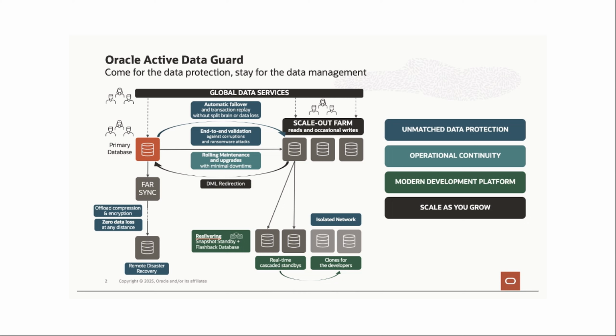Also, major upgrades of a database generally require a long downtime, and not many organizations nowadays can afford it. ADG allows you to make use of rolling upgrades, meaning that you can upgrade your standby database first and then redirect your users to this newly upgraded database while you upgrade your primary database with minimum to no downtime, depending on the version of your database.